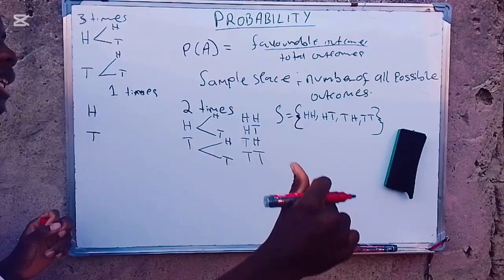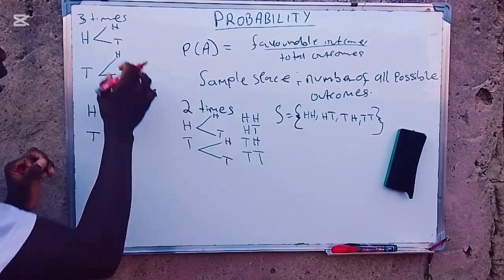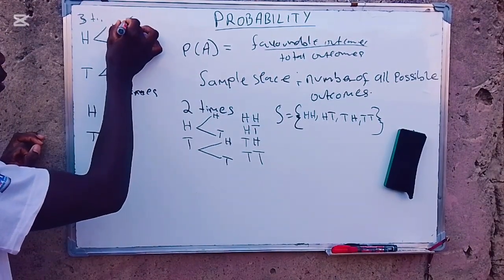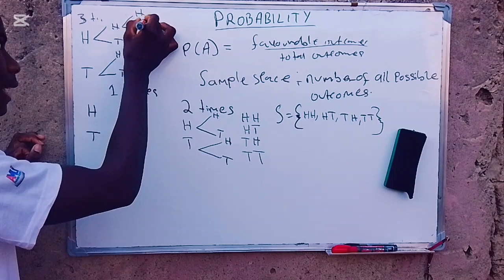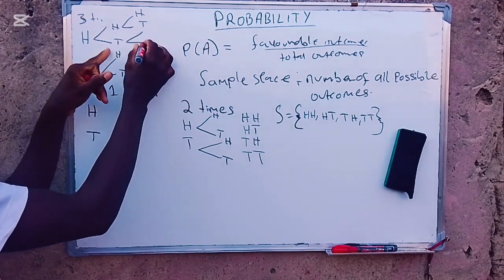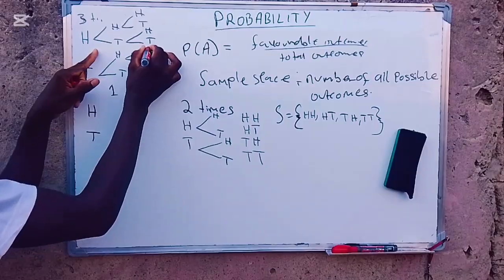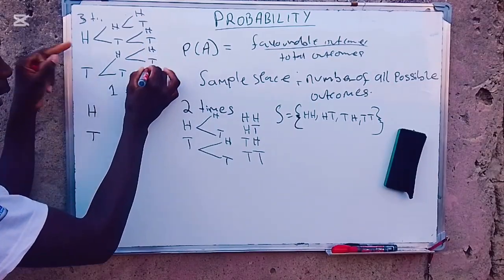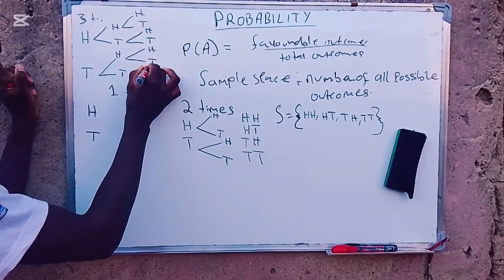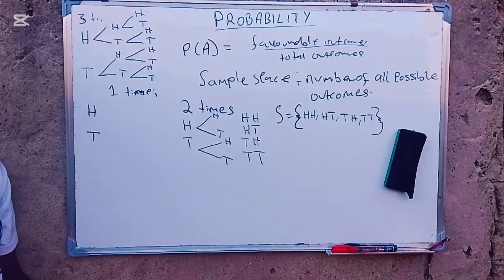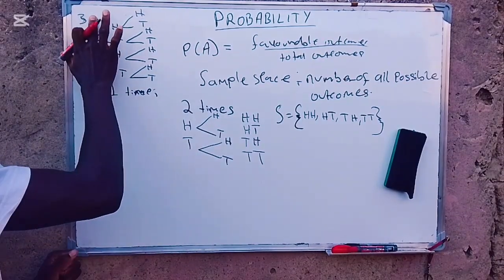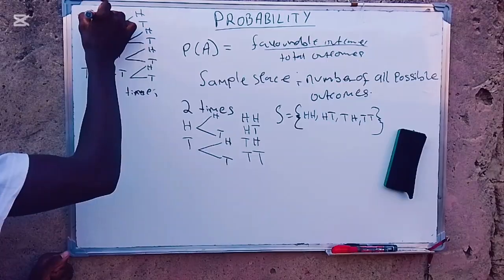But I'm flipping it three times. If I flip it again, I'll have head and tail again, and behind this I will have again head and tail, and also behind this I will end with head and tail.